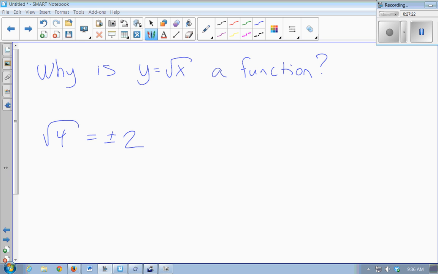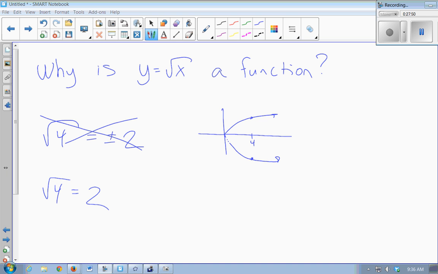Because 1 input, 2 outputs, that means not a function, right? It wouldn't pass the horizontal line test. If when I was graphing this thing, when I put in a 4, I got a positive 2 and a negative 2, it would look like a sideways parabola, right? However, the square root of 4 does not equal plus or minus 2. It's not true. The square root of 4 is 2.